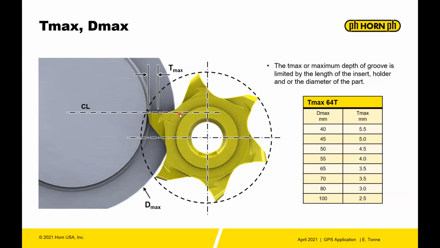Look at the 64T here. The maximum diameter is really dependent on the maximum depth of cut. So the depth of your groove has an effect on what diameter part you can run because the clearance is built into the insert, not necessarily the holder on that system.